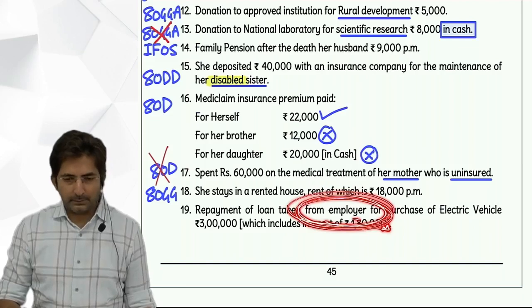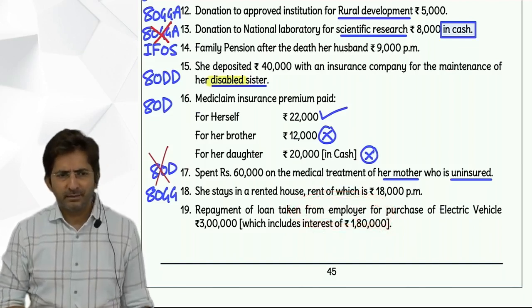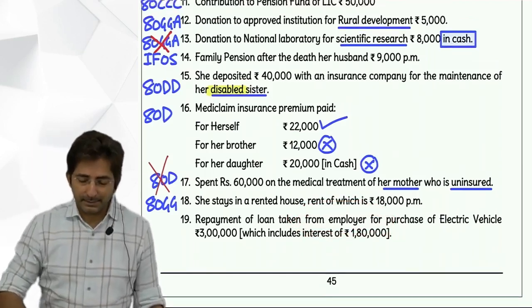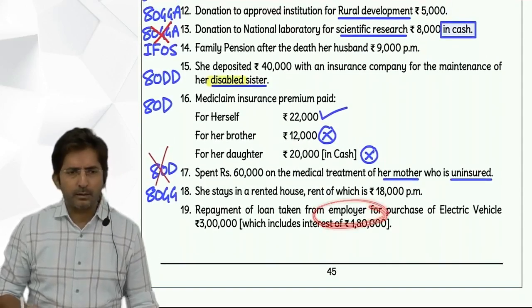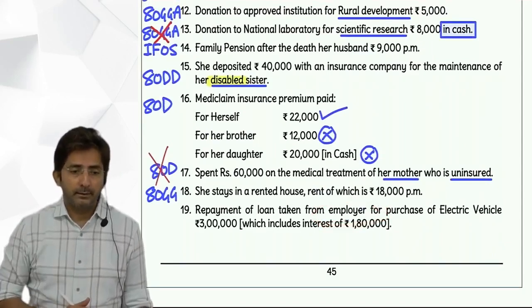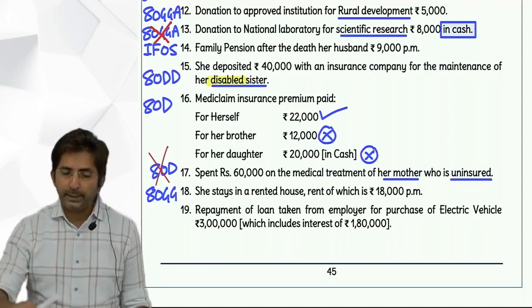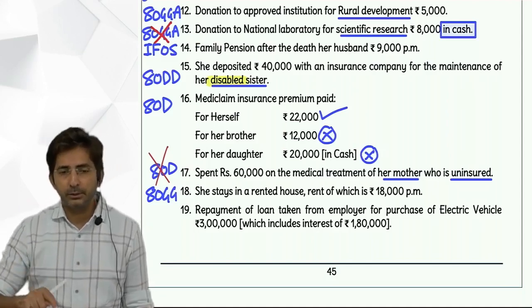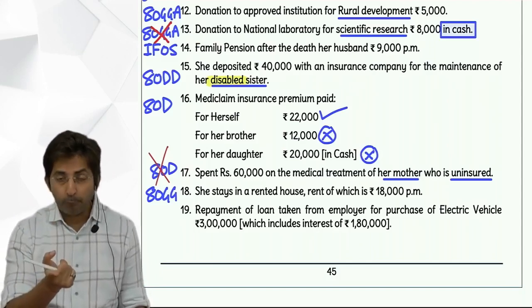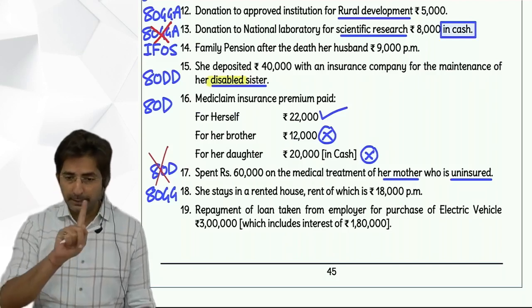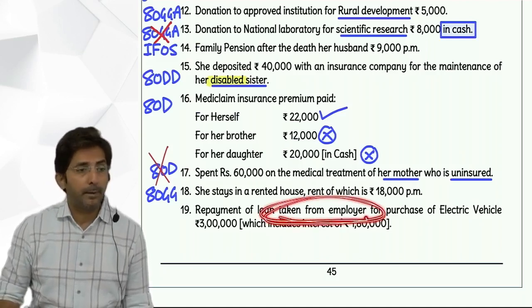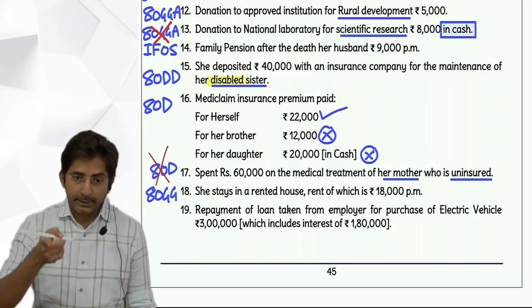Employer means a normal company where she might be working, so we cannot assume that it is a bank only. For an electric vehicle, the loan should be taken from banks, financial institutions or NBFC. Then only you get a deduction for the interest paid, maximum 1,50,000. But here it is not allowed because the loan is taken from an employer, and a loan from an employer is not eligible. This way they try to fool you.